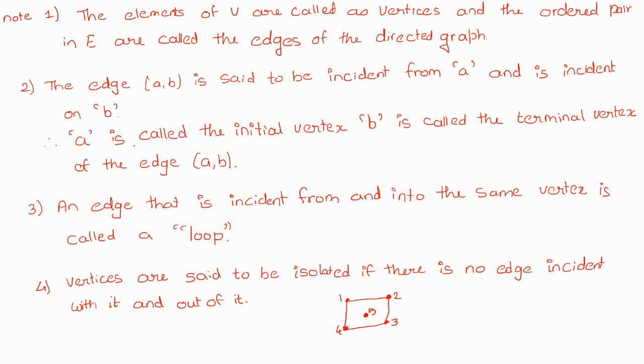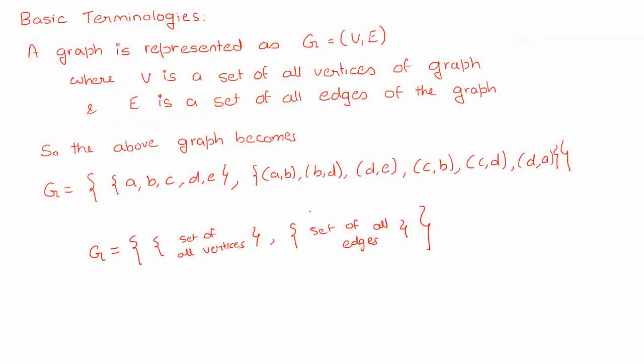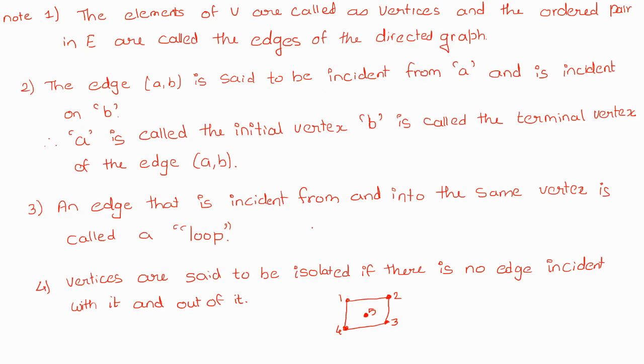Next, an edge that is incident from and into the same vertex is called a loop. Now in this case there is no loop. A loop will look something like A comma A or B comma B. And a vertex is said to be isolated if there is no edge incident on it or out of it.